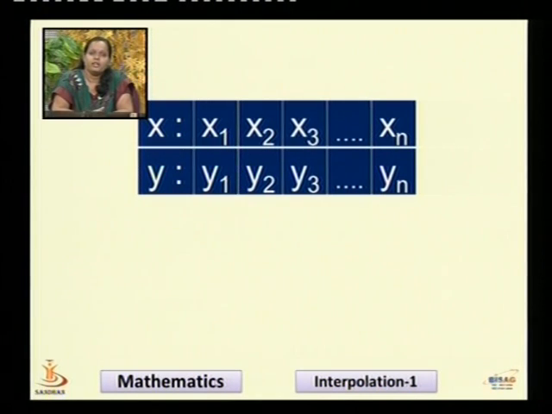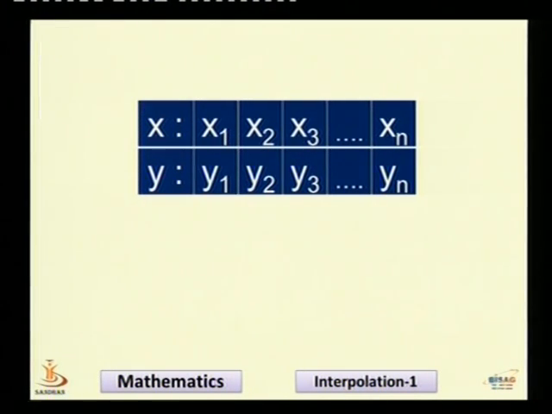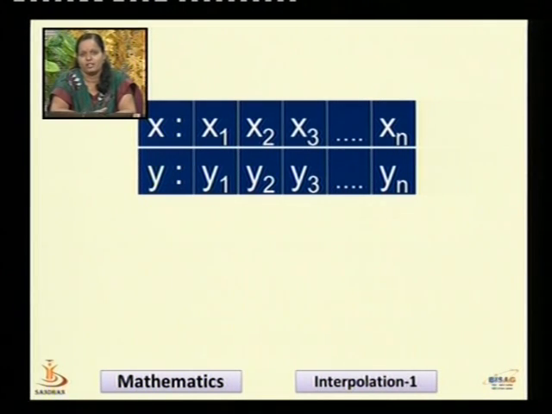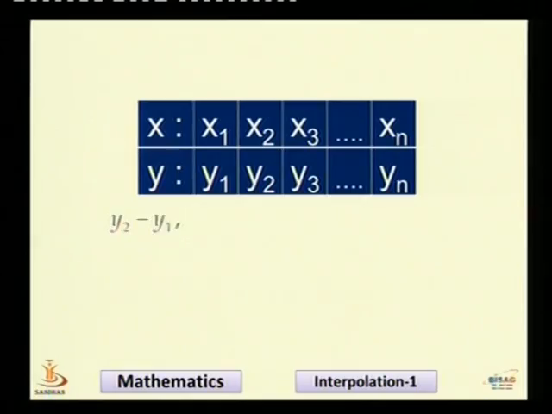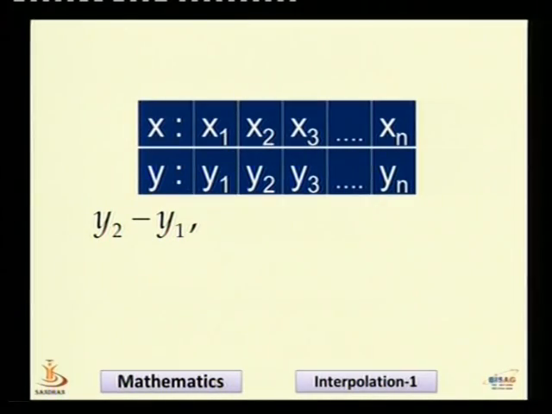Given a tabular set of points x1 y1, x2 y2, x3 y3, and xn yn, as usual, corresponding to x1 you have the value y1, corresponding to x2 it is y2, and so on, corresponding to xn it is yn. These are tabular data points, and using these values, subtracting the y values, we shall obtain the first order forward differences.